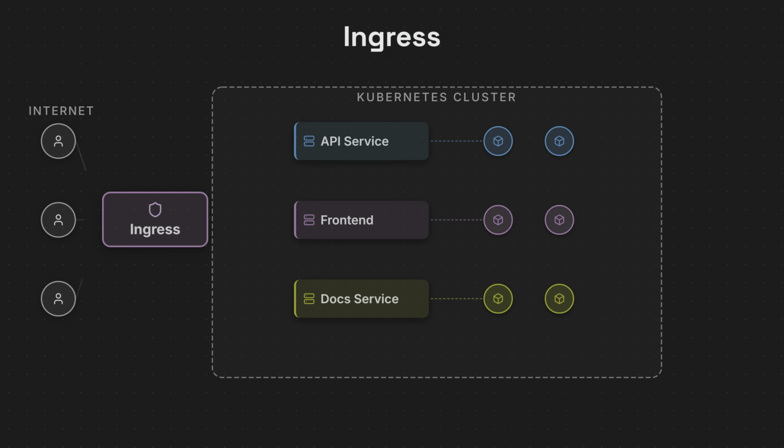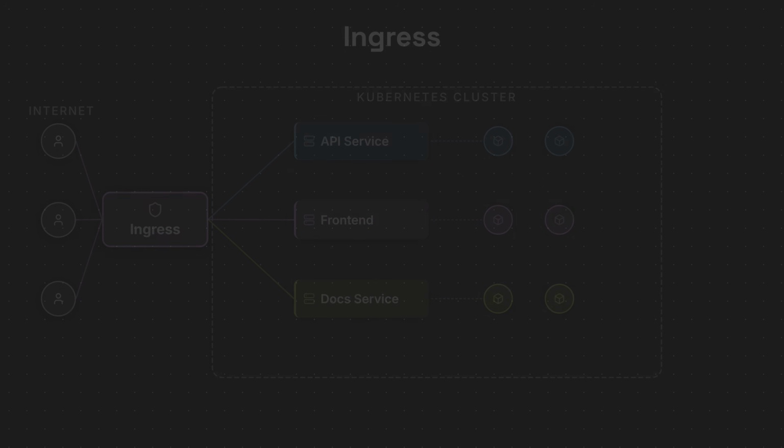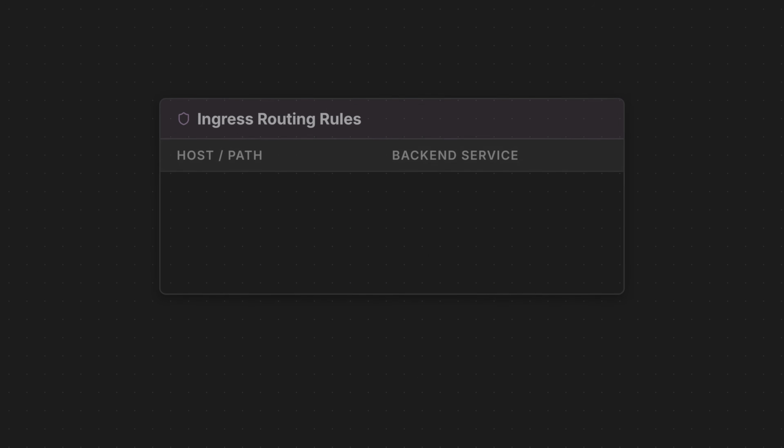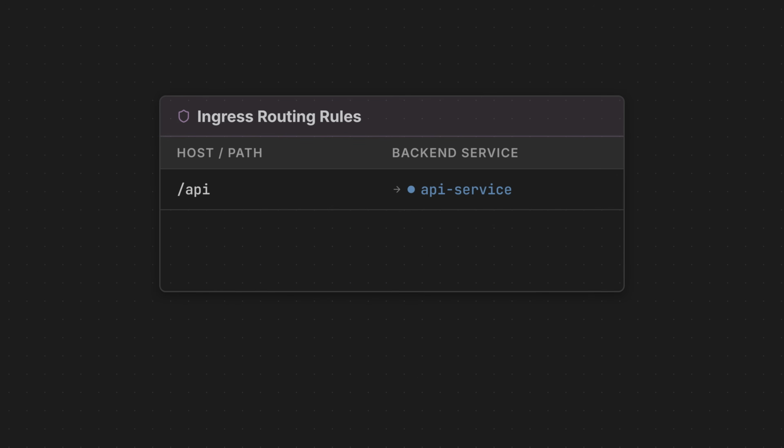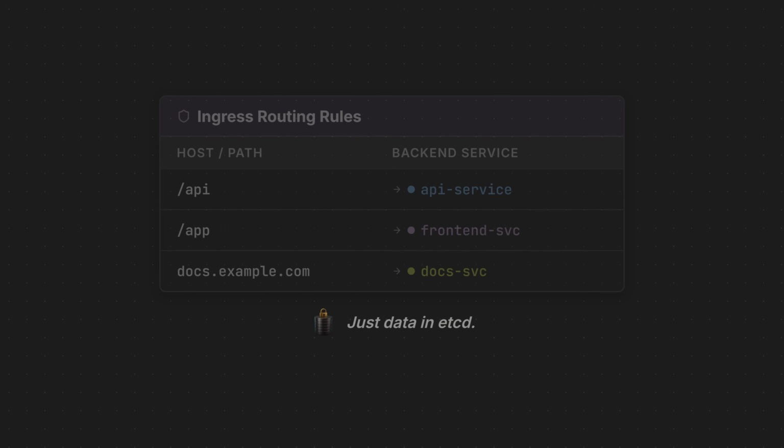That's what Ingress does. An ingress is a routing rule set. You define host-based and path-based rules. It's essentially an HTTP reverse proxy configuration expressed as a Kubernetes object. An ingress resource on its own does nothing. It's just data in etcd. You need an ingress controller to actually implement the routing.